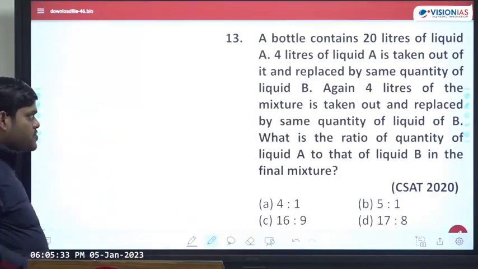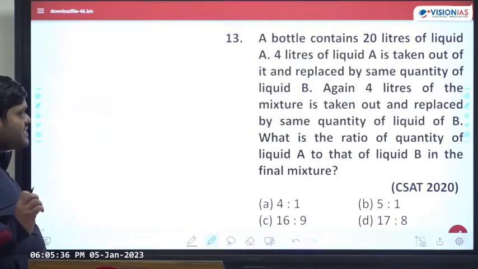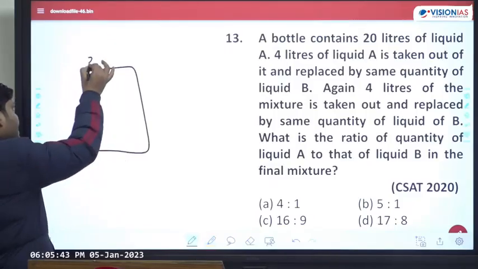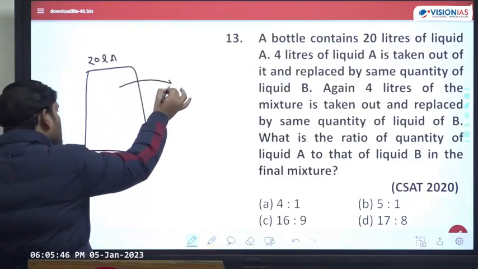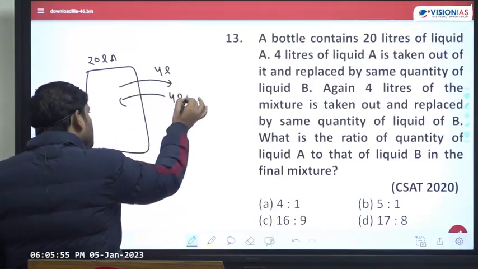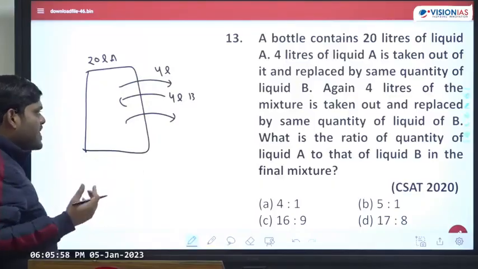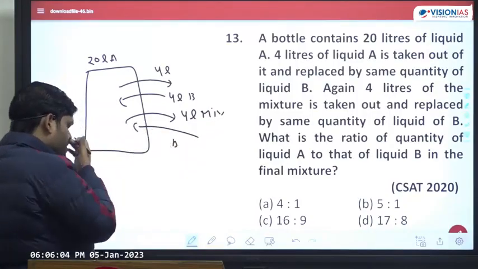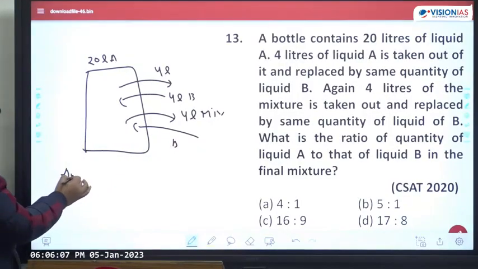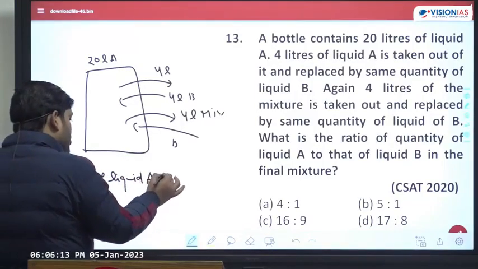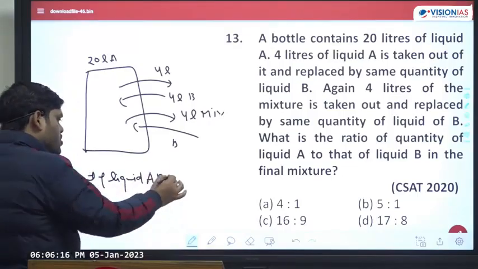Okay, let's try this question. A bottle contains 20 liter of liquid A. So initially 20 liter of A was there. 4 liter is taken out and replaced by the same quantity of B. Then again 4 liter of mixture is taken out and replaced by the same quantity of B. So from here we can say the amount of liquid A remaining is equal to total.